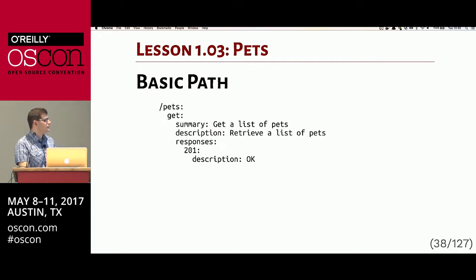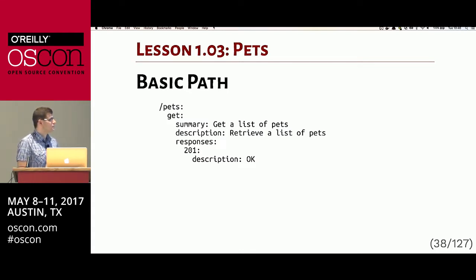So how do we define the basic path? Here you can see an example of the path object. You see /paths, and underneath, this one is basically relative to the base path that you might have indicated in your API spec at the very top layer of the spec. And then inside of the path object, you have an operation object, which in this case is a get.